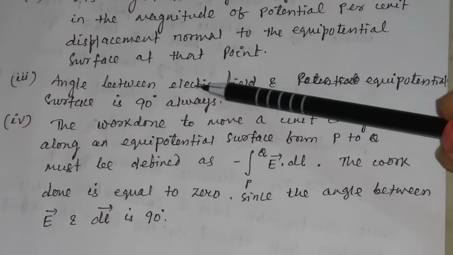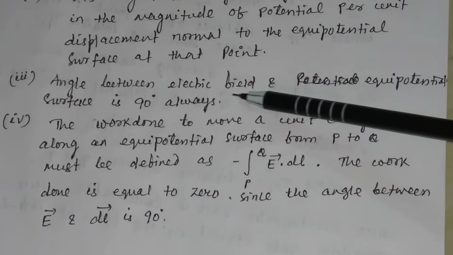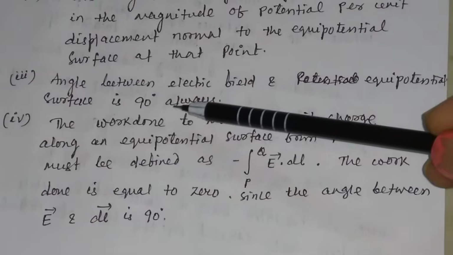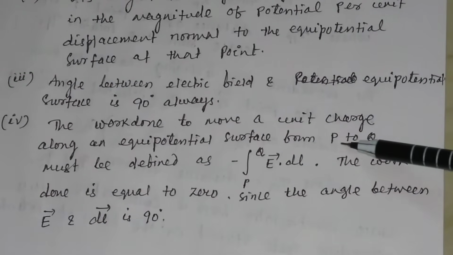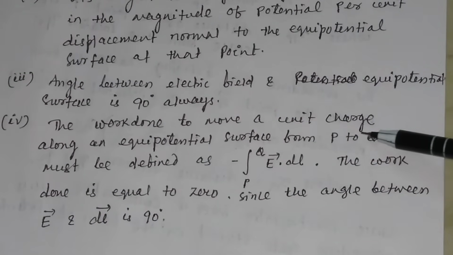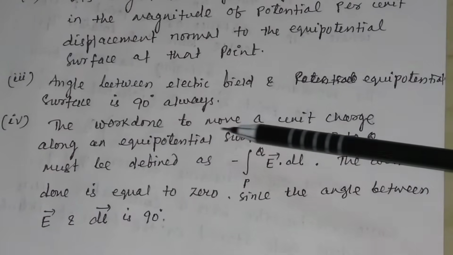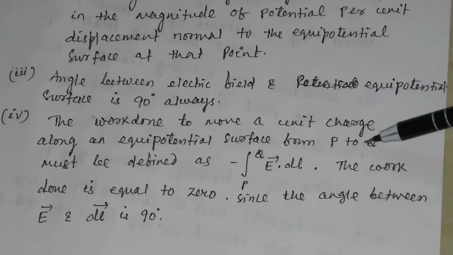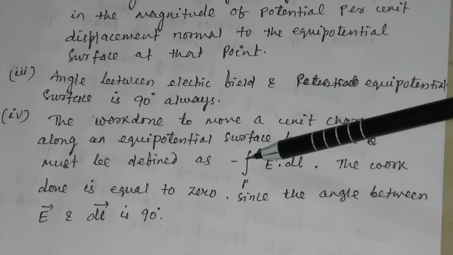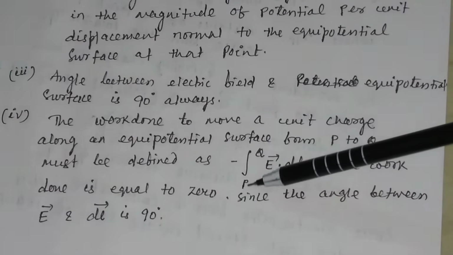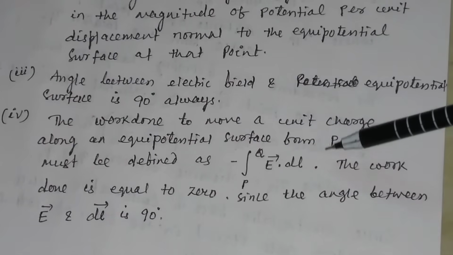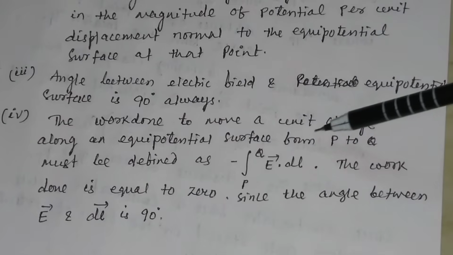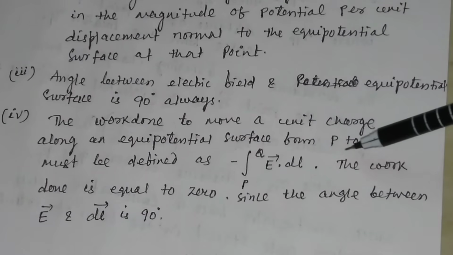That is why the angle between the electric field and the equipotential surface is always 90 degrees. The work done to move a unit charge along an equipotential surface, suppose from P to Q, must be defined as the negative of the integration from P to Q of E dot dl, where dl is the length along the surface.